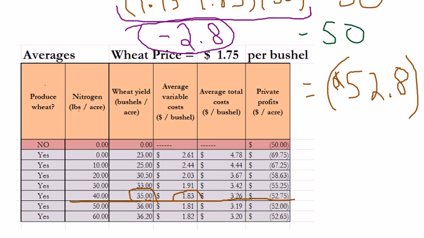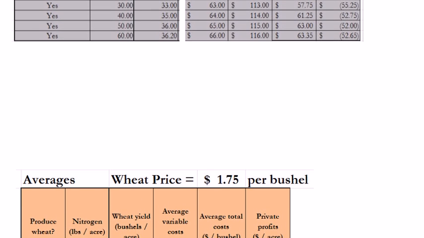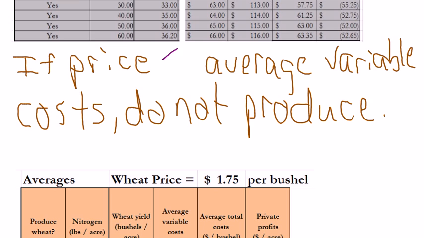Notice, even though this says 52.75, that's just because of some rounding differences. For instance, this 1.83 that I have there is really 1.8286.